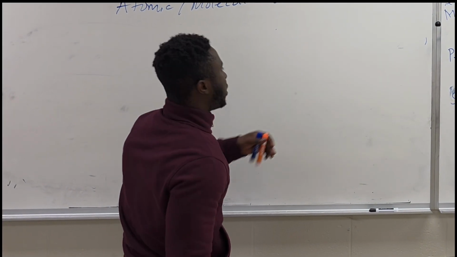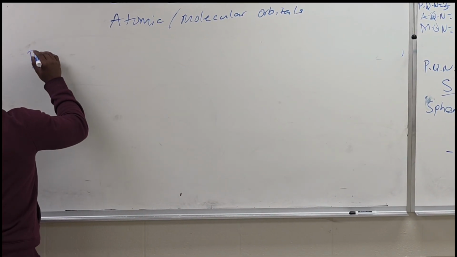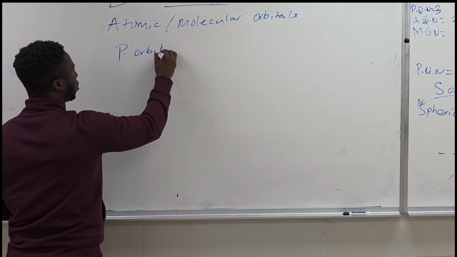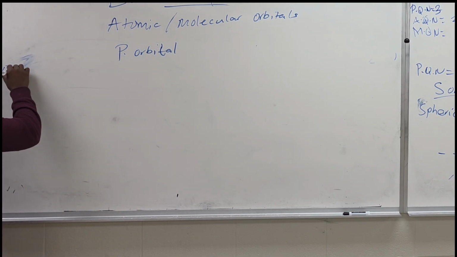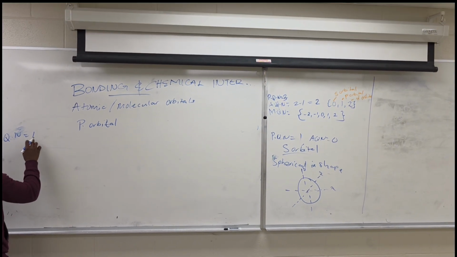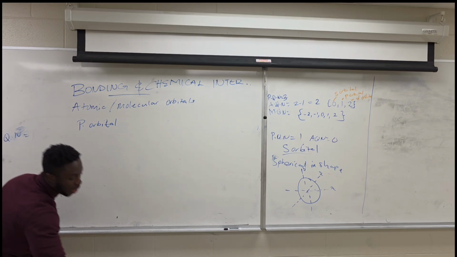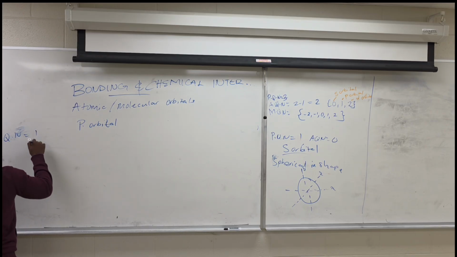So this p orbital has a principal quantum number of 1, right? Since it has a principal quantum number of 1, it has an azimuthal quantum number of 1.